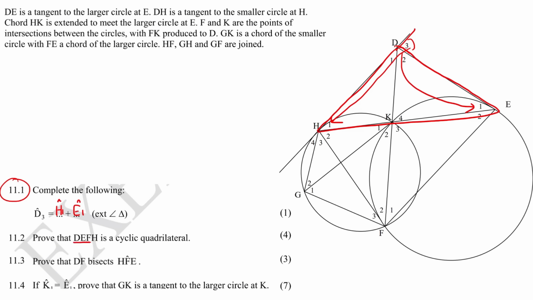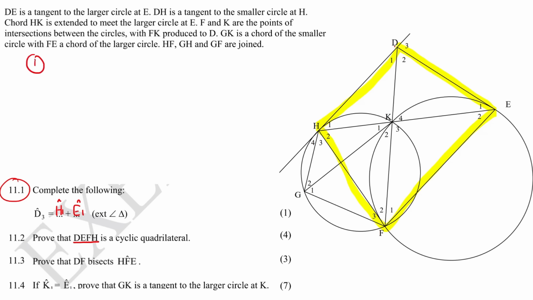Prove that DEFH is a cyclic quad. There are 3 ways to prove something is a cyclic quad. First method, if you have something like this, and the two angles opposite each other add up to 180, then it's a cyclic quad.